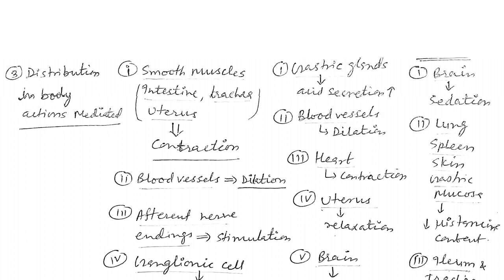The histamine binds with the H2 receptors in the stomach and enhances acid secretion. So it is responsible for HCl or gastric juice secretion. That's why digestion of food may take place in our stomach.